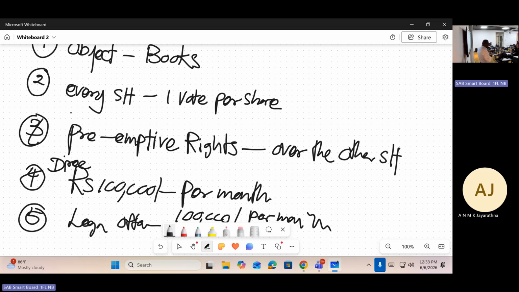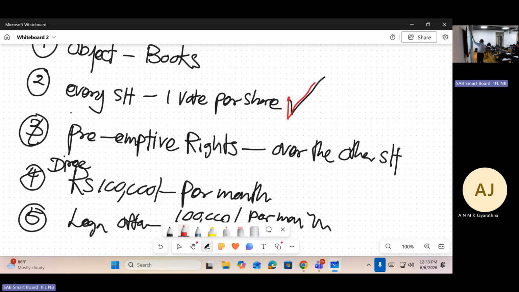It's simple. Now, when we consider the first one, it is regarding the objects of the company. Therefore, it is not related to shareholders. But when we consider the second provision, that is, every shareholder is entitled to cast one vote per share, it is related to his capacity as a shareholder.